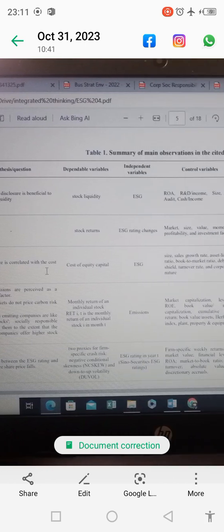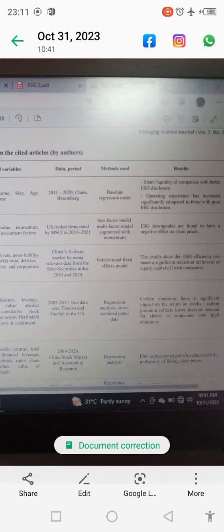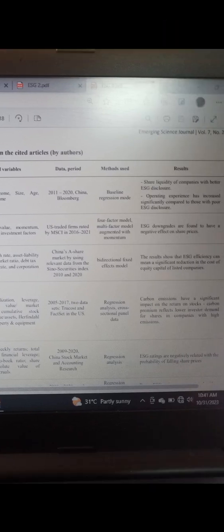Why do I say that? You can see them inside their method here. All these methods stated here required what? They are empirical means, or let me say, scientific means to analyze data.